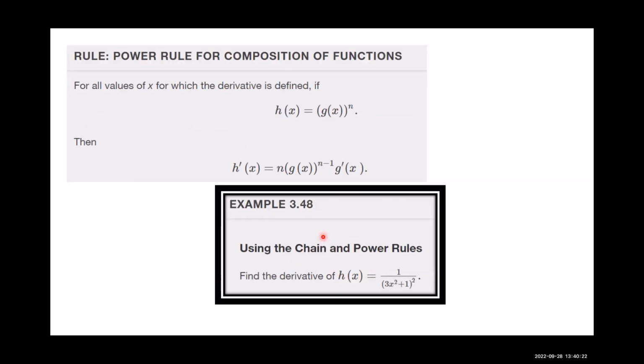All right, so there is a power rule for composite functions, and I think it's important to show it, but I don't know how important it is to necessarily memorize it, because it's just an application of the chain rule.